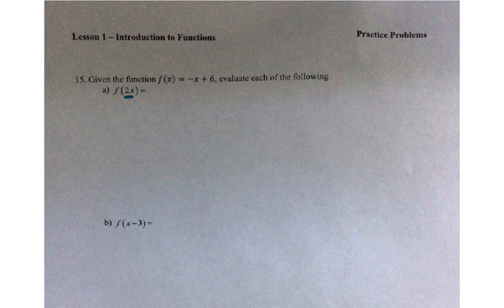Now, when I put those in, I always put them in parentheses. So we have this negative x plus 6, just from here. And what I'll do is replace that x with parentheses, and the thing that's in parentheses up here will now go here.